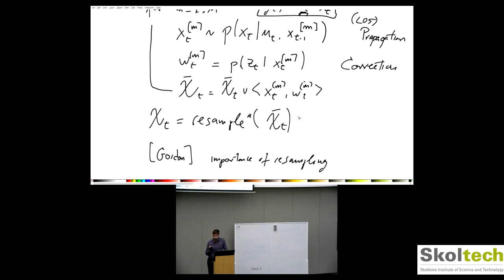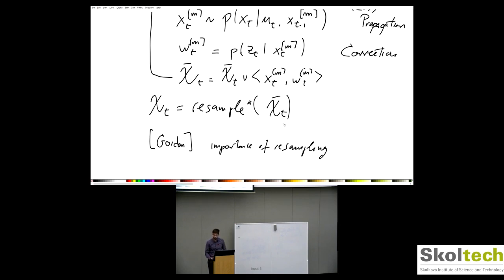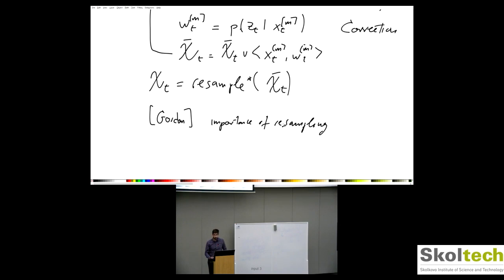I have two algorithms for resampling; you will see them later. It will not be Gaussian. On resampling, it's not that we are going to rebuild this to be Gaussian.